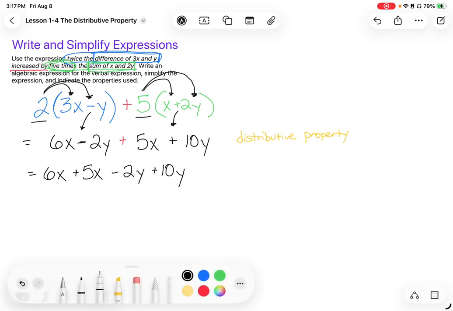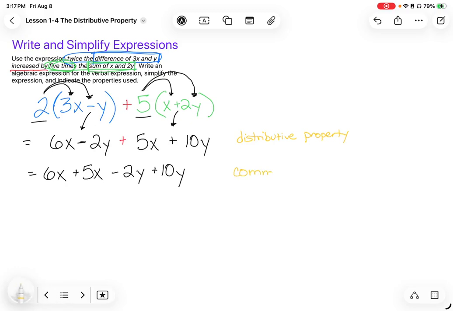So I've got the y's right next to each other and the x's right next to each other. And the property that allows me to do that, that allows me to move terms around so they're next to each other, is called the commutative property. The commutative property says I can move those things around. Okay. Now what can we do?